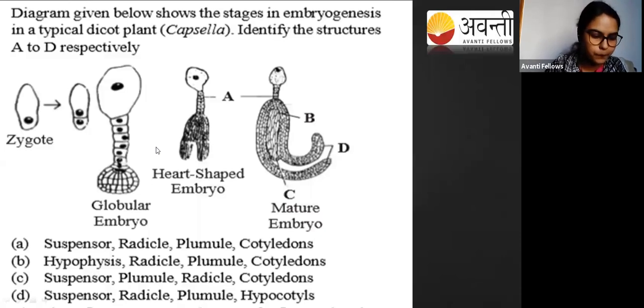This is easy. We have discussed this yesterday. If you have read NCERT, then it is a dead easy question for you. I'm launching the poll now.